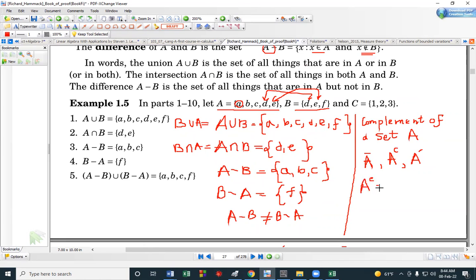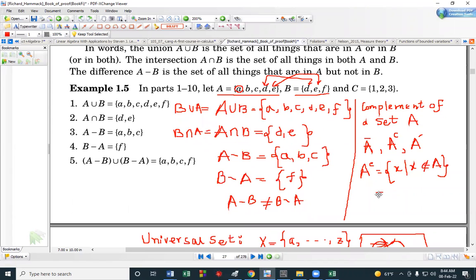So A complement is the set of those elements x such that x is not an element of A. To be precise, now the question is where this x is coming from.